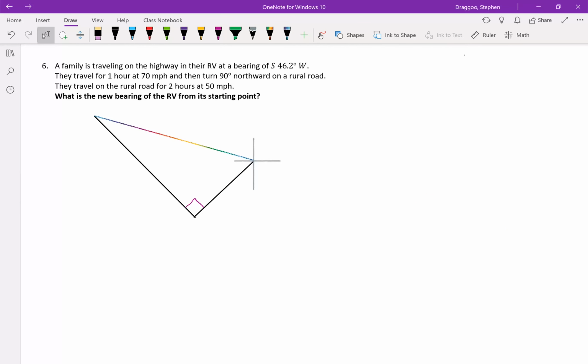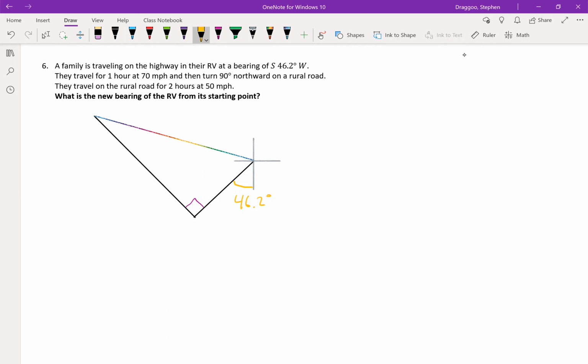Then problem 6, got a family traveling on the highway in their RV at a bearing of 46.2 degrees west of south. They're going to travel on that road for an hour at 70 miles an hour, then turn 90 degrees northward, travel on that road for 2 hours at 50 miles an hour, and then we'll ask to find that new bearing from its starting point. So the first piece that we'll label will be that 46.2 degrees, where that was a bearing.